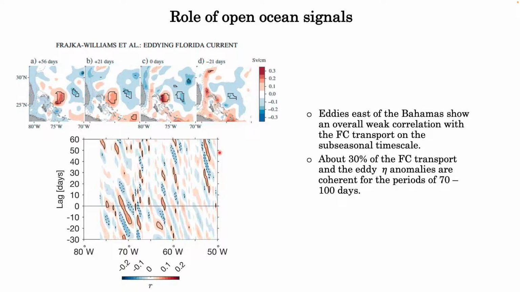And then another mechanism that may influence the FC transport variation on subseasonal timescales is those eddies emanating from the east of the Bahamas. It's been suggested by Prajka Williams, who published a nice paper back in 2013 showing a correlation between eddy activities east of the Bahamas and the Florida Strait transport.